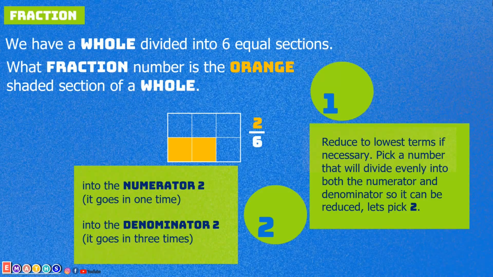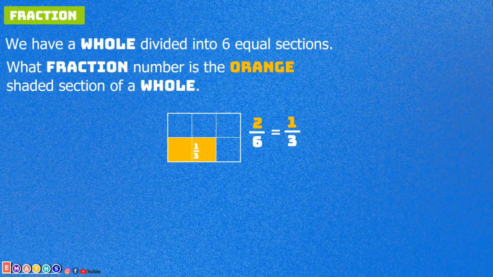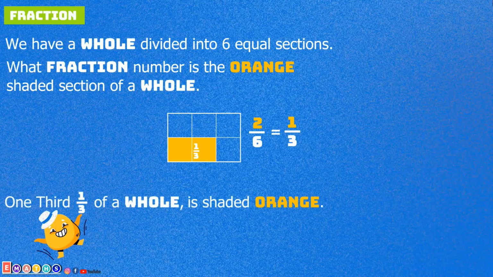Into the denominator, 2 goes in 3 times. 2/6 can be reduced to 1/3. One-third of a whole is shaded orange.